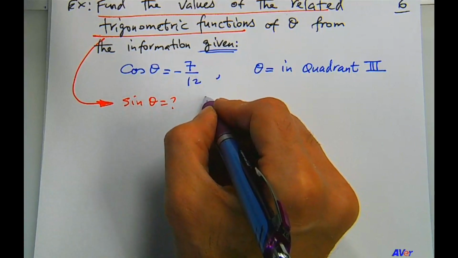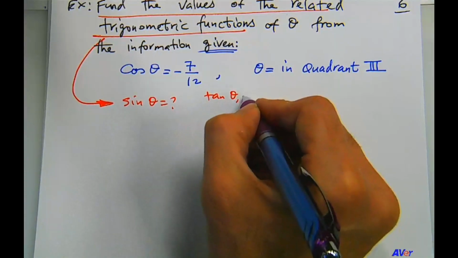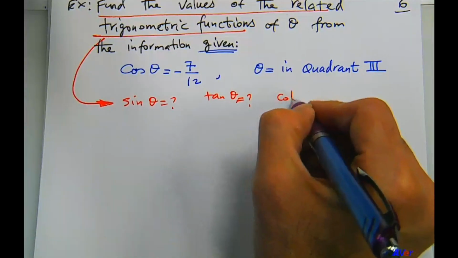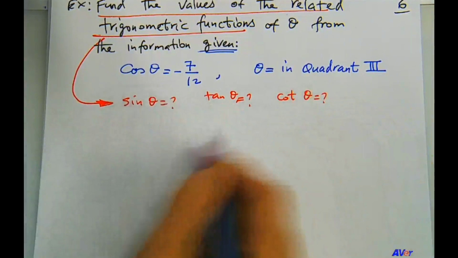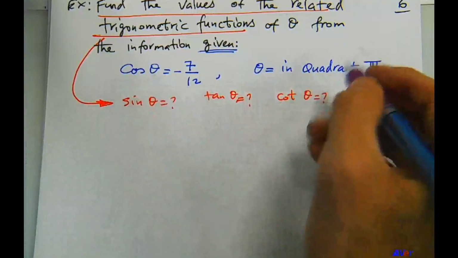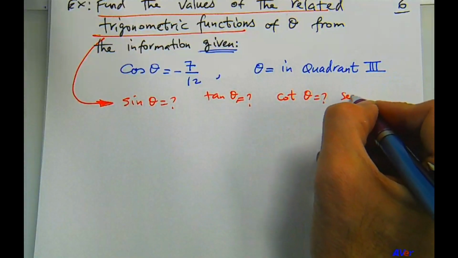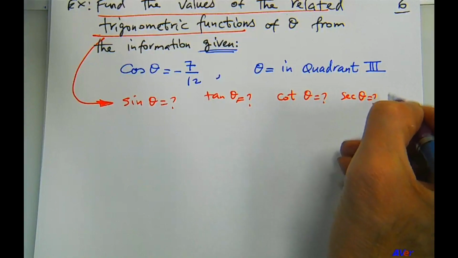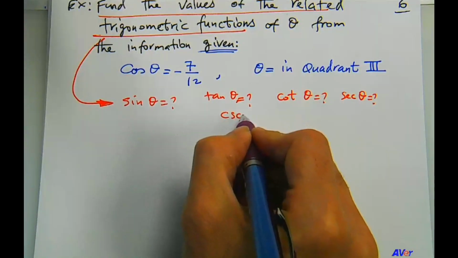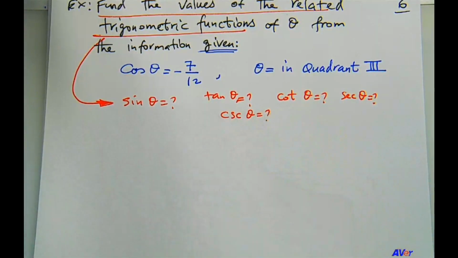What is the tangent of theta? Cotangent of theta, right? These are related to this angle, or to this information. And the secant of theta, and of course the cosecant of theta. These are the values we need to find.